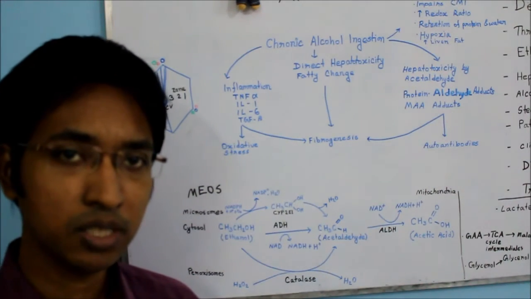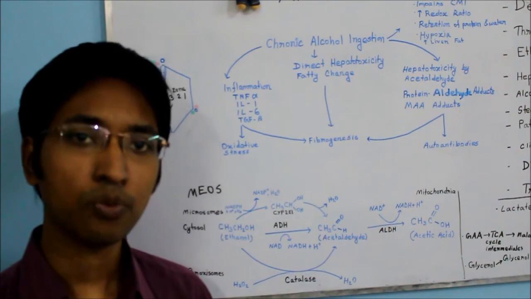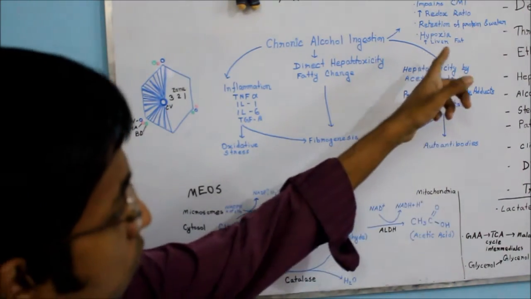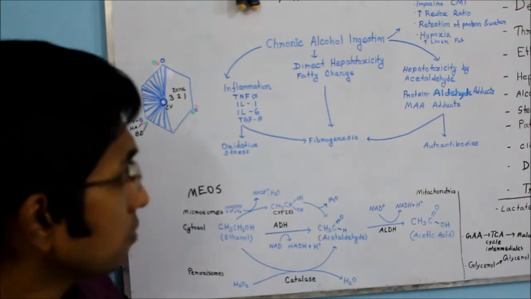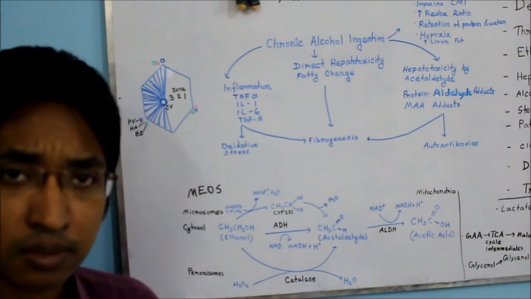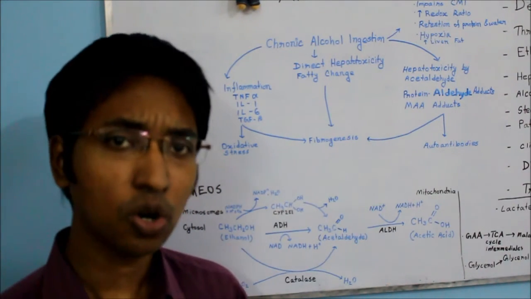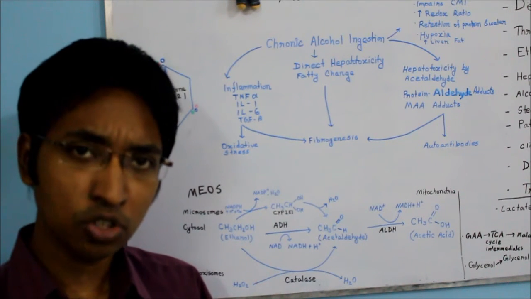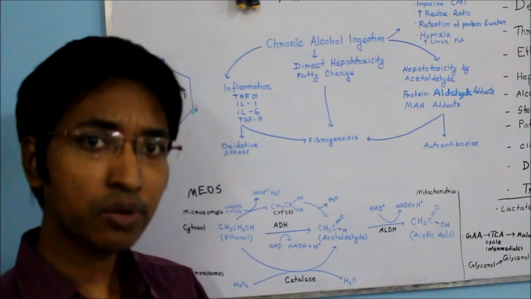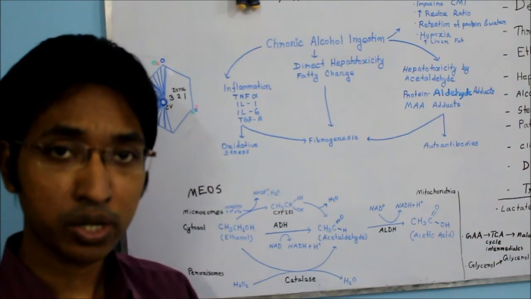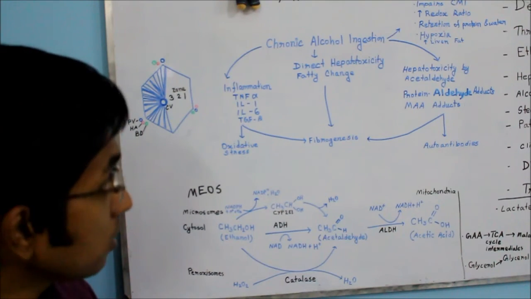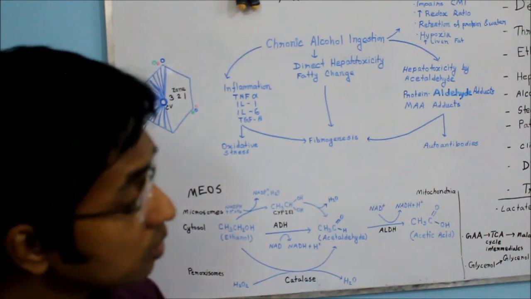Another mechanism involved in the pathogenesis of alcoholic liver disease is by increasing the amount of fat in the liver. Now, how is this happening? The thing is, alcohol results in shunting of the normal substrates away from the catabolic pathway towards lipid biosynthesis. So that's one mechanism of increasing fat inside the liver.